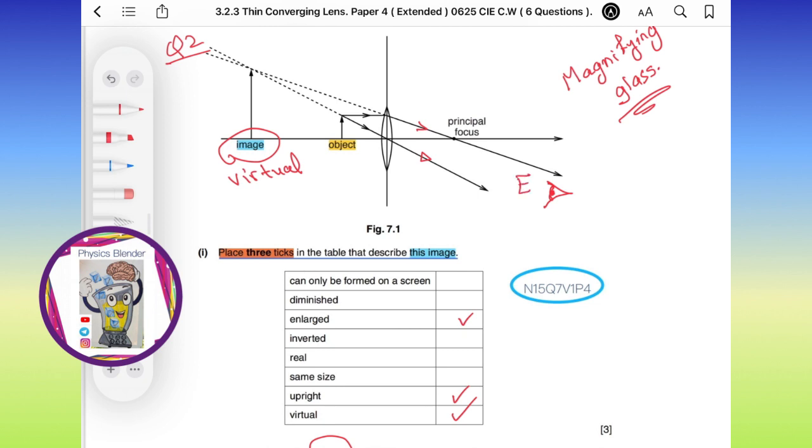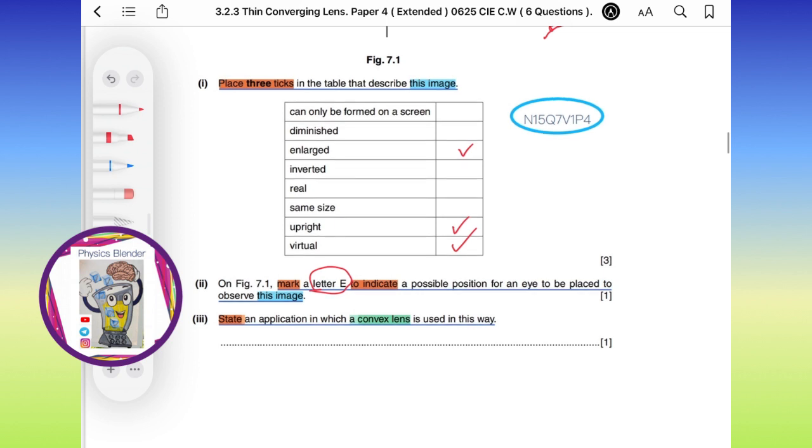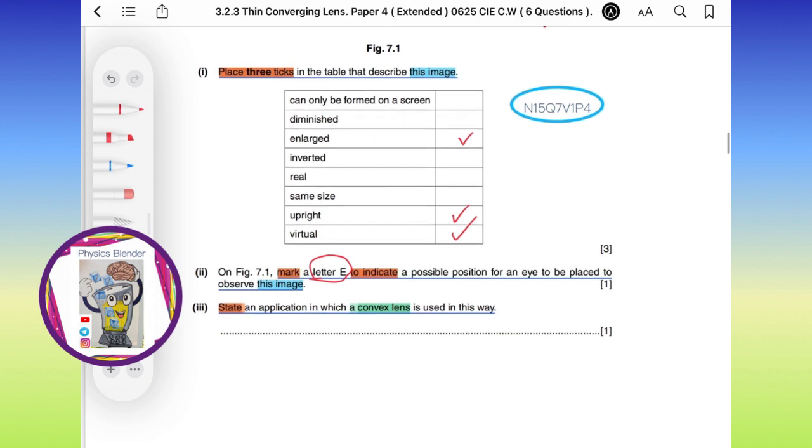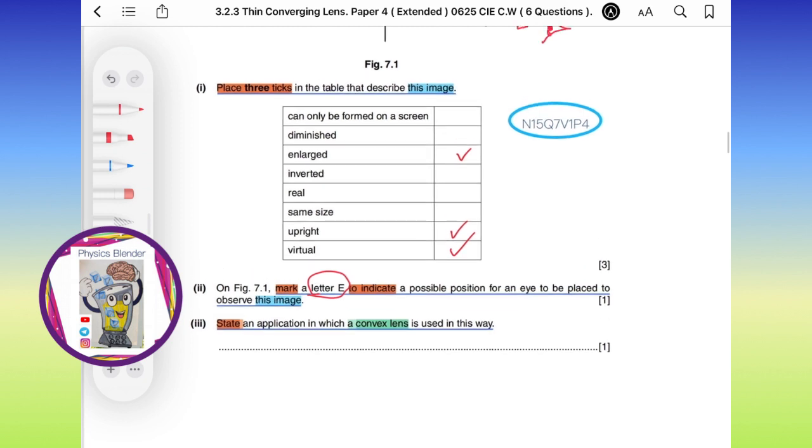State an application. So you can use this convex lens in this way. We have many uses for this magnifying glass. It could be, as I said, a magnifying glass or the eyepiece of a telescope.